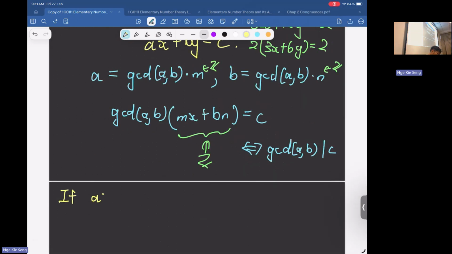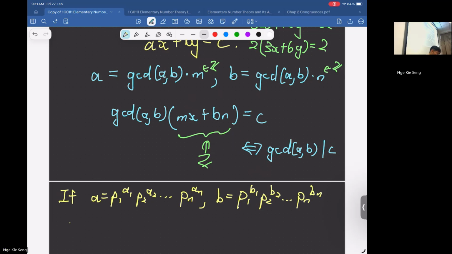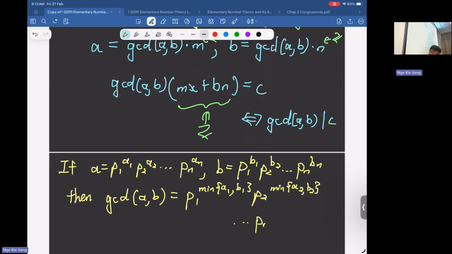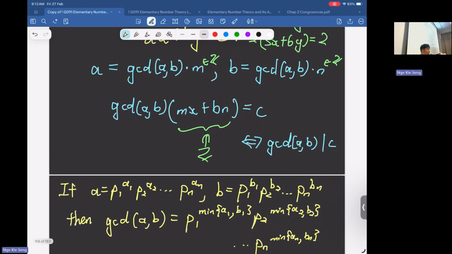If A equals P1^A1, P2^A2, up to Pn^An, and B equals P1^B1, P2^B2, up to Pn^Bn, then the GCD of A and B is just P1^min(A1,B1), P2^min(A2,B2), up to Pn^min(An,Bn). So you are picking all the common divisors.